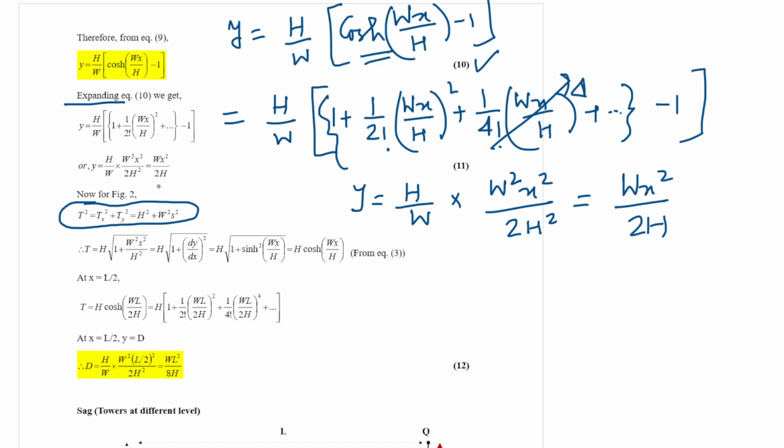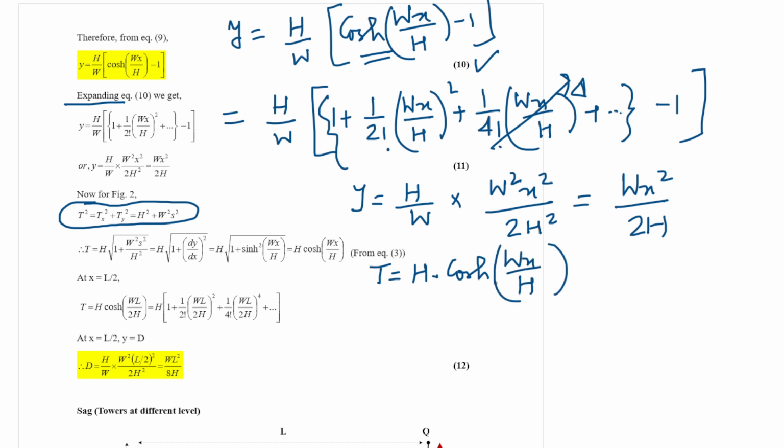It is h square. What is Ty? It is w square plus h square. So if we take h common, we have the relation T is equal to h over cos hyperbolic wx by h.